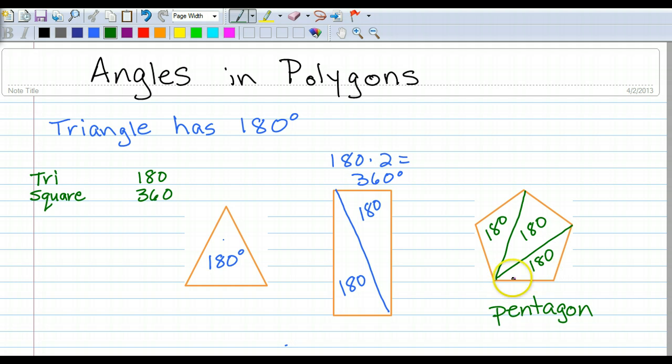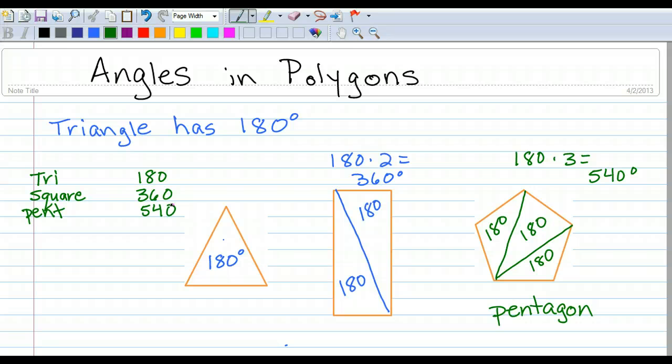I can't make any more triangles, because if I go this way, that doesn't make a triangle. So 180 times 3, get out your handy dandy calculators, and what do you get? 540 degrees. Okay, so a pentagon is 540 degrees.